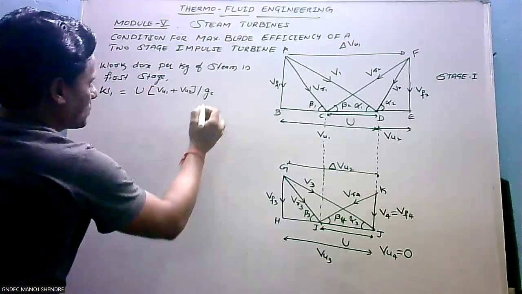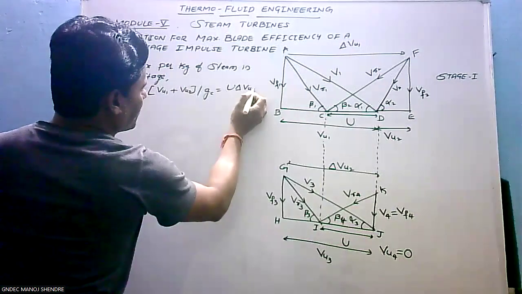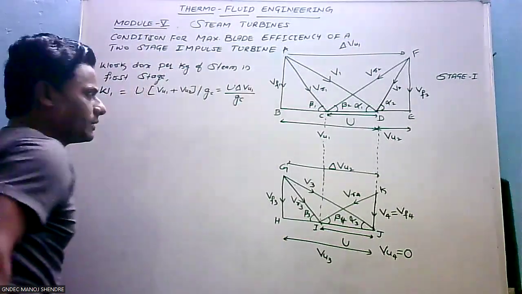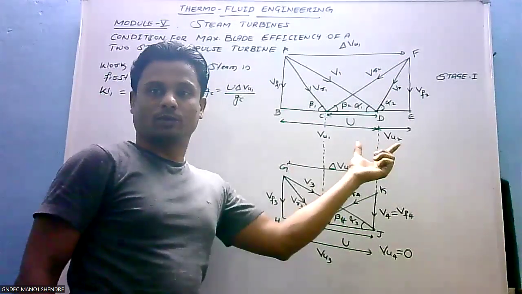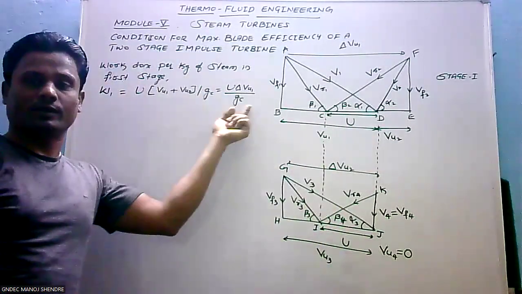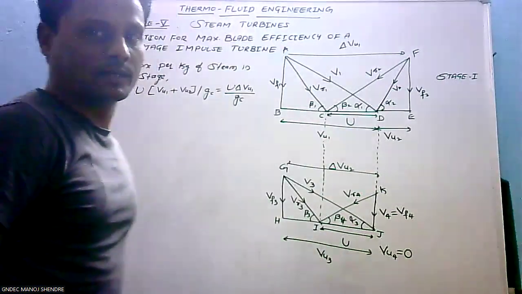Or this equation can also be written as U into delta VU divided by GC. So VU1 plus VU2 is delta VU. Just in place of VU1 and VU2, we have written delta VU divided by GC as it is, right?